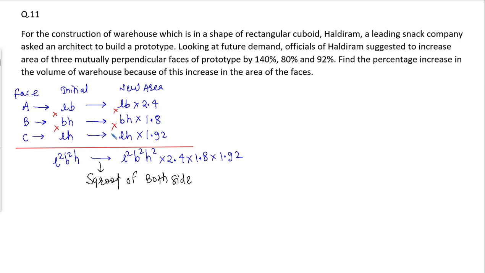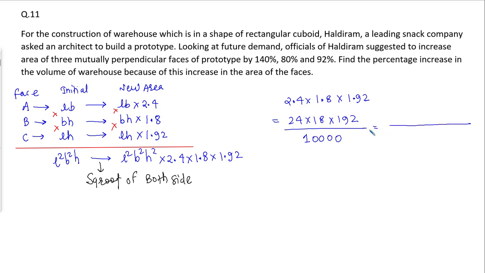We are interested in the square root of 2.4 into 1.8 into 1.92. I can write it as 24 into 18 into 192 divided by 1 and 4 zeros.